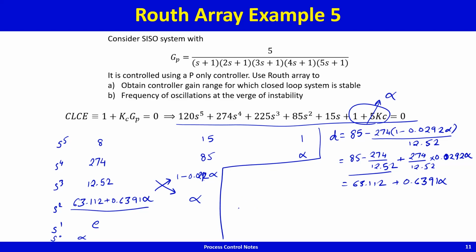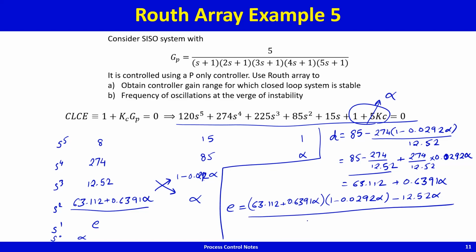So E is going to be minus 12.52 alpha divided by 63.112 plus 0.6391 alpha.